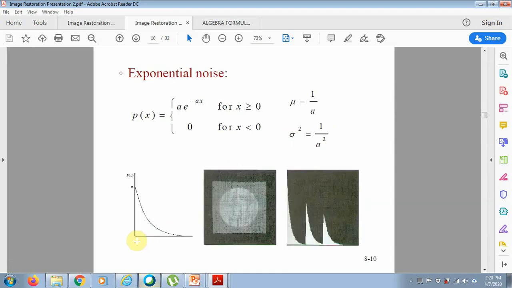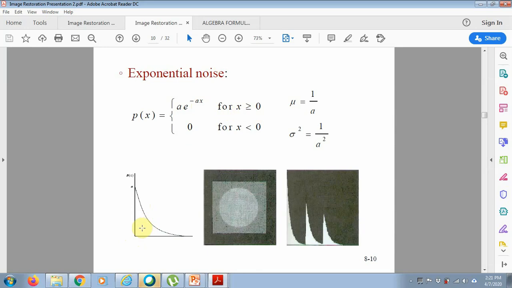this is exponential noise. From the graph only you can relate that it is exponential. Okay, so the exponential noise p of x is nothing but a multiplied by exponential of minus ax, for x greater than or equal to 0, because it starts only after 0. When you hit 0, after 0 you will be in the noise.